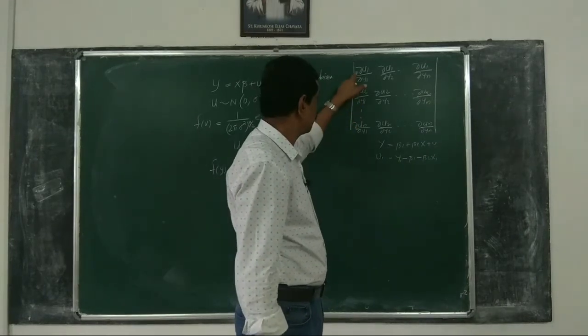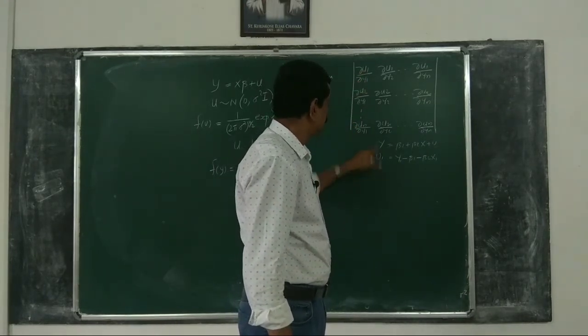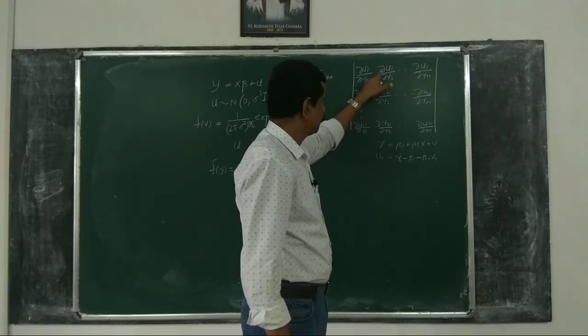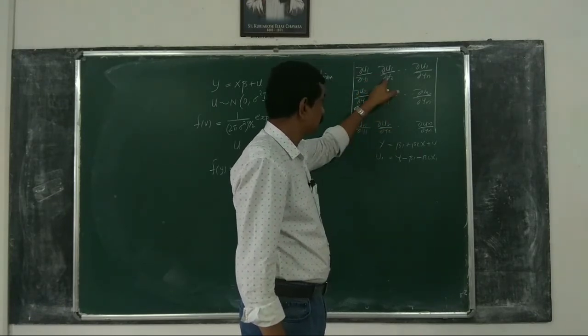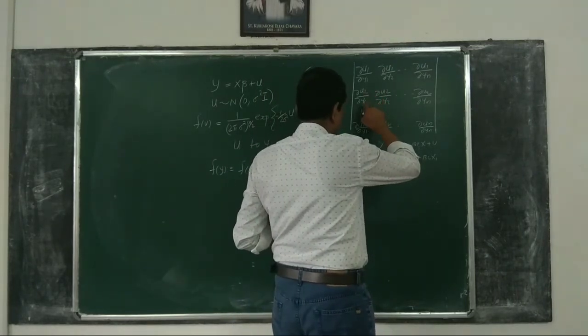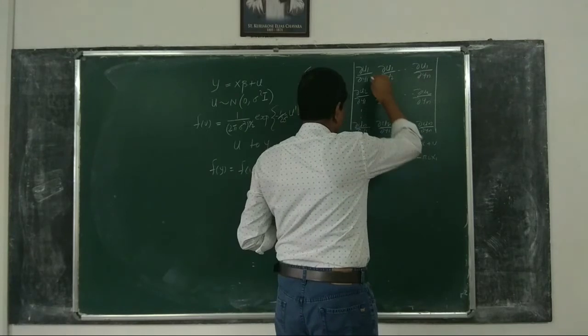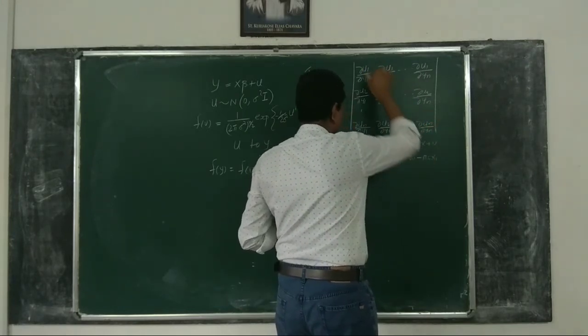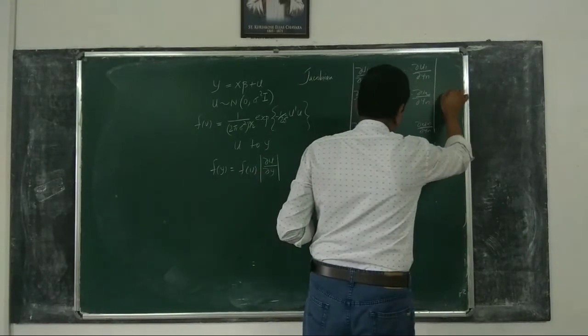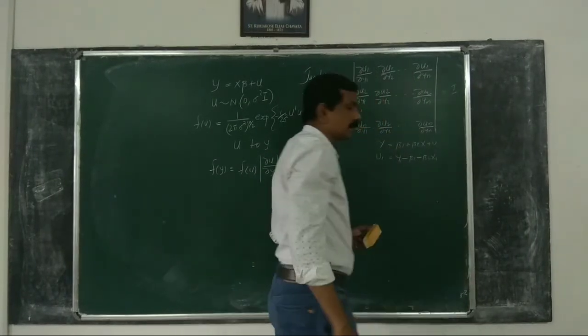So if you differentiate u1 with respect to y1, it is 1. u1 with respect to y2, it is 0. Similarly, in the second equation, dou u2 by dou y1 is 0. So the diagonal elements are 1 and the off-diagonal elements are 0. So this will be an identity matrix.